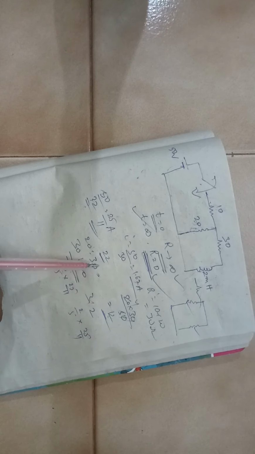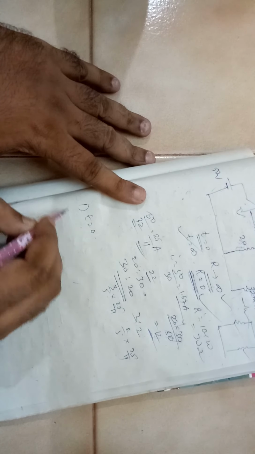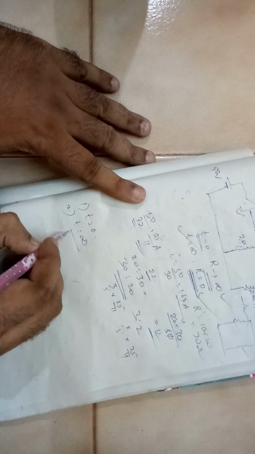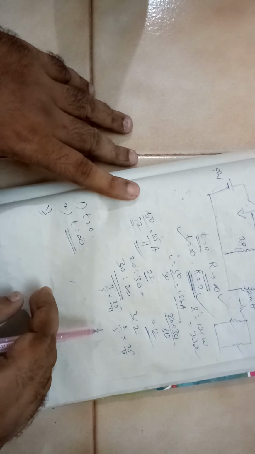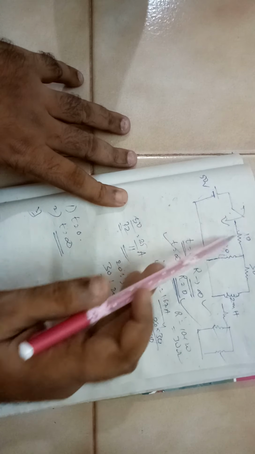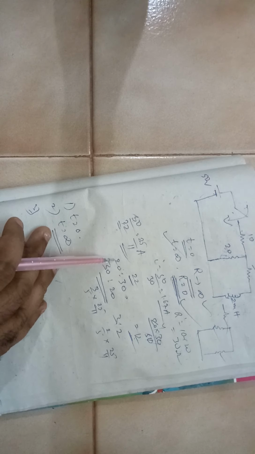Now third situation. The first situation we have taken is t is equal to 0. The second situation we have taken is t is equal to infinity. The third situation is after a long time, you reopened the switch. Then what will be the situation?